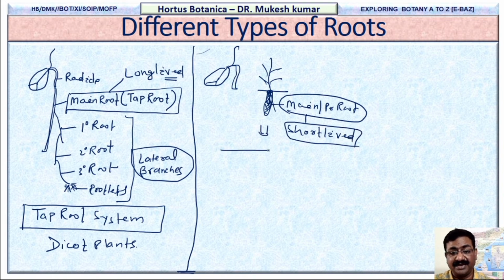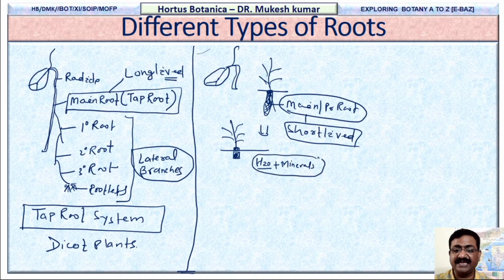Locate. Already the upper part bears what? The shoot system. And if you say, sir, it is short-lived, then how will the plant get water? How will the plant get minerals in the absence of the root? So what happened? Nature will replace this dead, short-lived part.